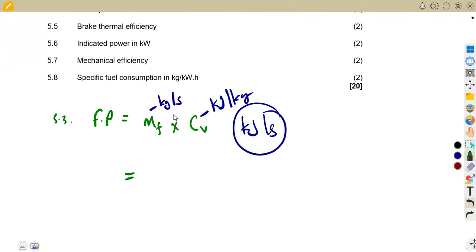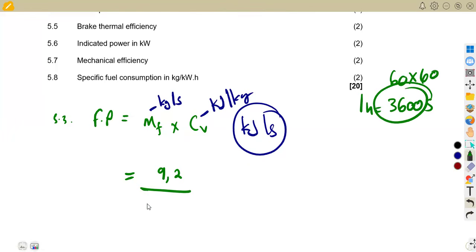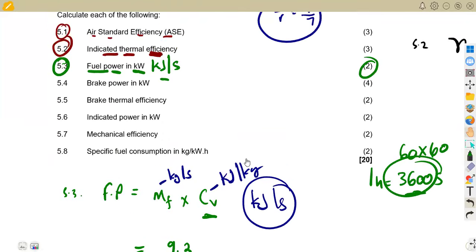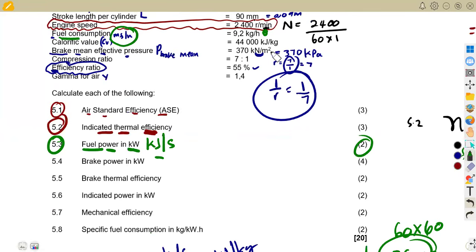But as we need kilograms per second, how are we going to convert this? 1 hour is equivalent to 3,600 seconds, from 60 times 60. So we are going to divide by 3,600 seconds to convert hours to seconds, times the calorific value in kilojoules per kilogram.